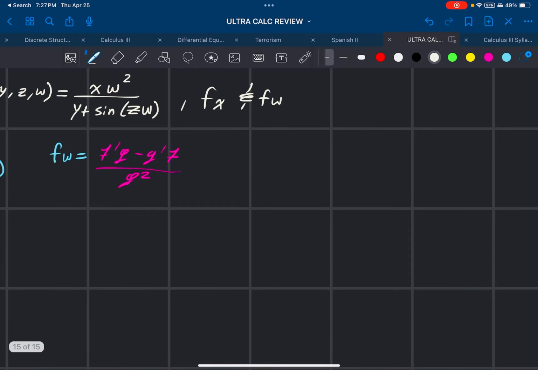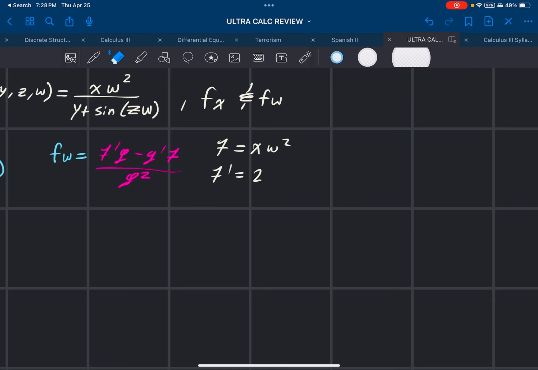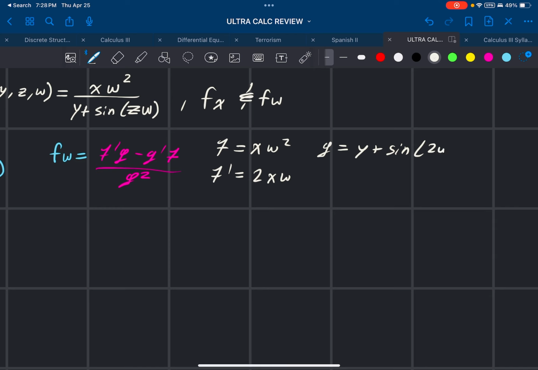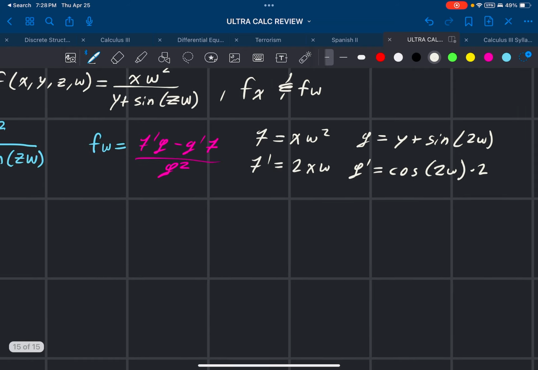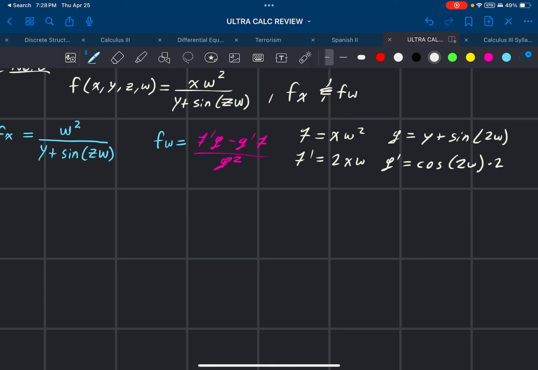So I'm going to just go ahead and fill this out quickly. I'm not really going to talk too much while doing it. So you can pause and try to do these on your own, but I kind of just want to get these answers out as quick as possible. Times 2 because we're doing it with respect to w. Okay, so now we just plug everything into the formula.